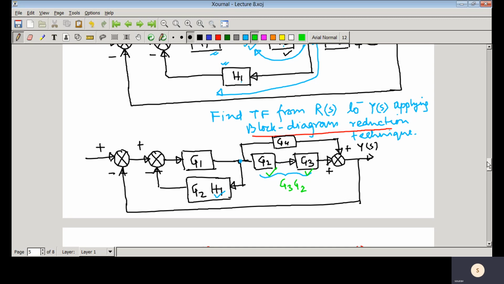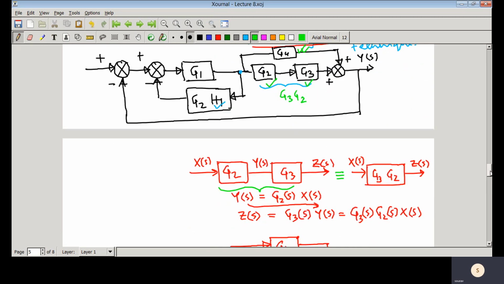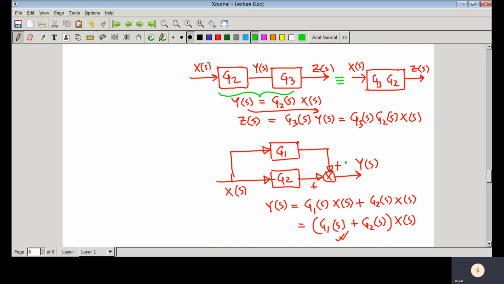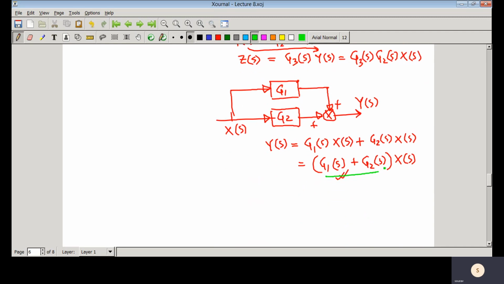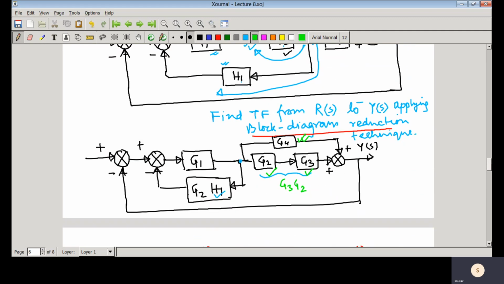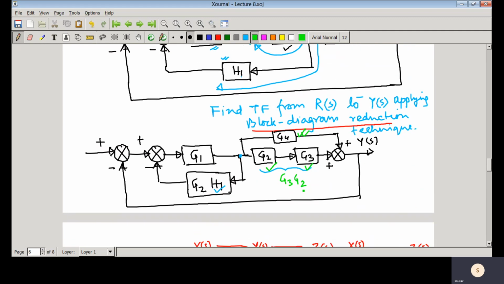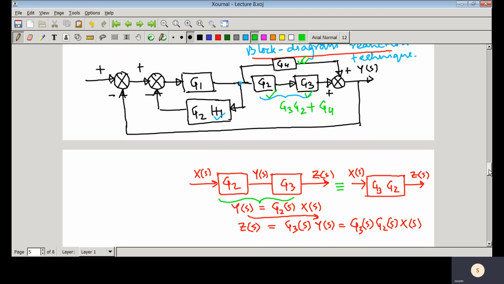Similarly, this G1 and G2 are connected in parallel, just like this one. So effectively the total effective transfer function would be G1 plus G2. In this case the transfer function would be G3 plus G3 into G2 plus G4. So let us simplify this one.